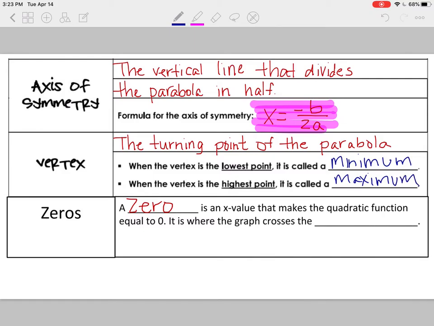The last thing that we need to talk about, and I added in here, is zeros. Typically, we have a completely separate lesson where we go over zeros, but we had to eliminate that because of e-learning. So we're just going to briefly touch on it here. A zero is where the x value makes a quadratic function equal to 0. And in this case, for graphing, which is what we're going to be doing, it is where the graph crosses the x-axis.